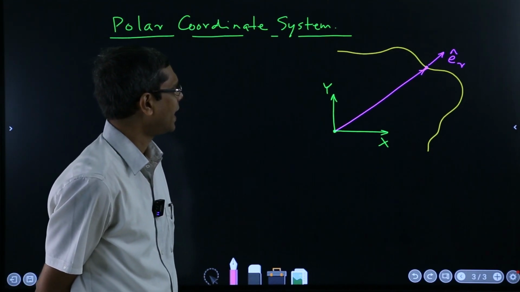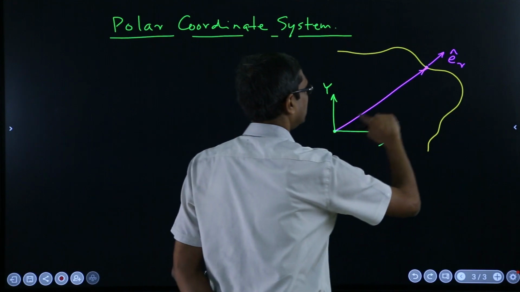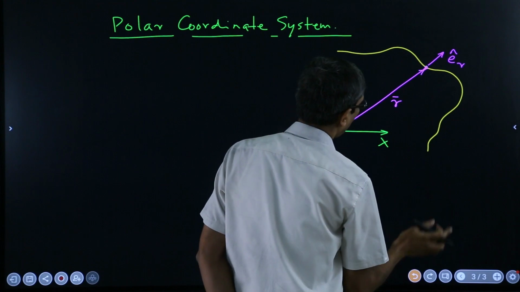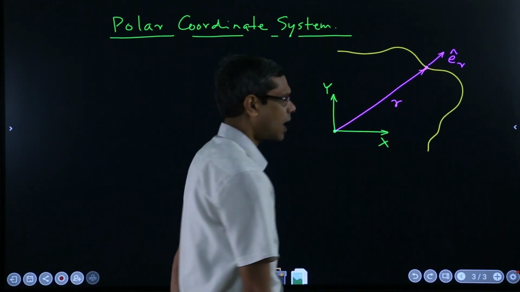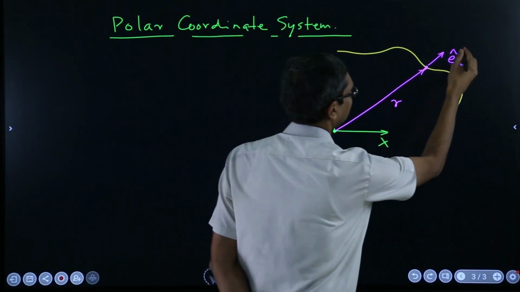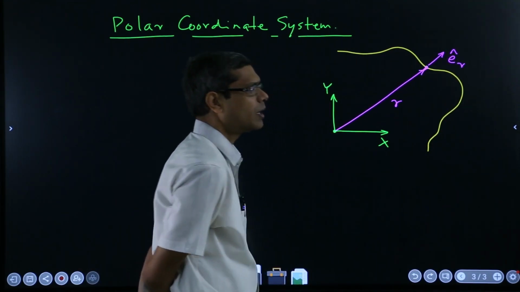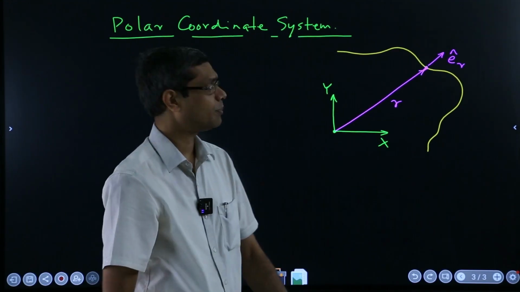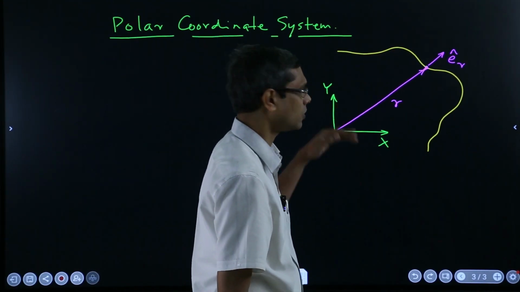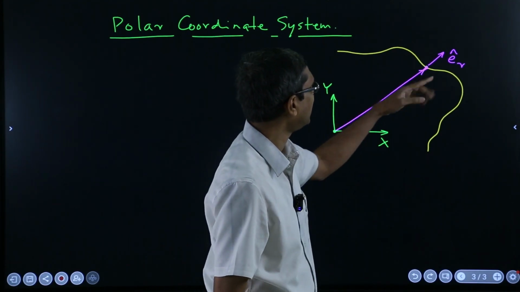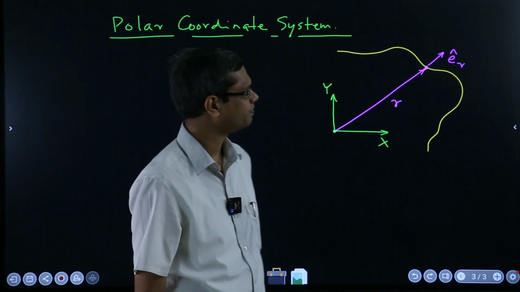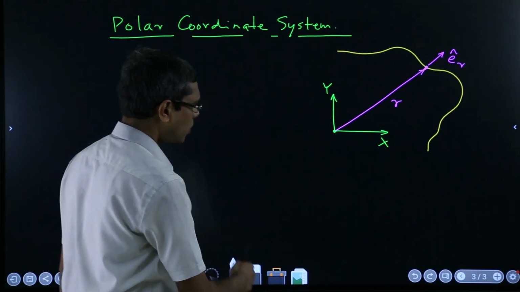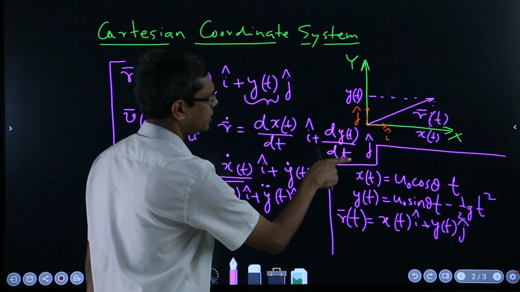Okay, so this distance is r, and this is its unit vector. So we will define a unit vector in this direction. That means at every point on the path or during the motion of the particle, the direction of this unit vector is changing. Okay. So, please note that that is a very important difference from what we had in the Cartesian coordinate system.